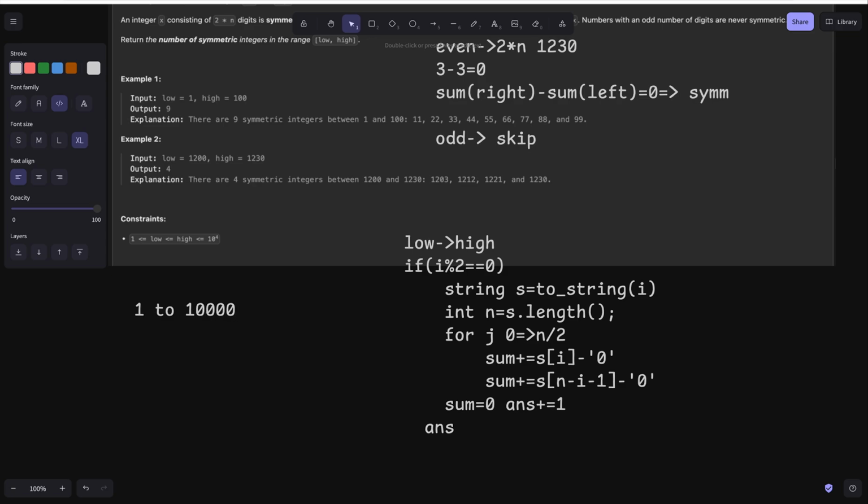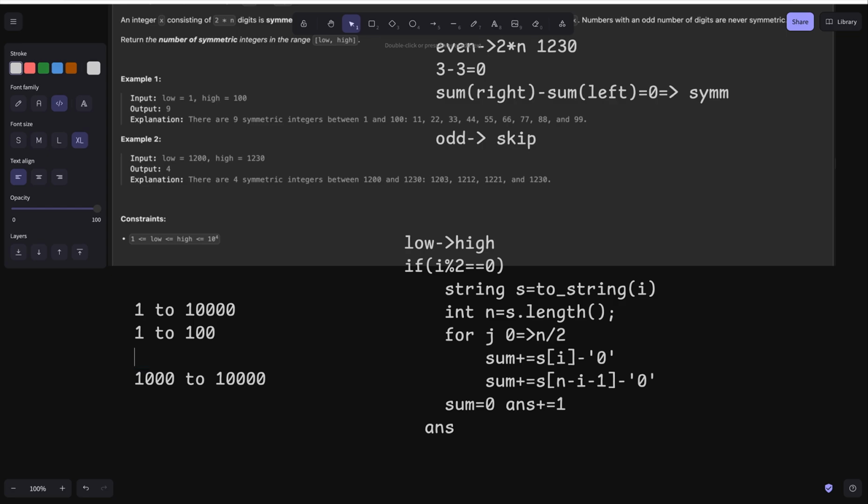Now if you look at the even slots, because odd-length numbers won't make symmetric integers, since we want 2 * n digits. So from 1 to 100, we can split it as 100 to 1000, and then 1000 to 10,000. Now between 100 and 1000, where 1000 is not included, the numbers will have an odd number of digits.